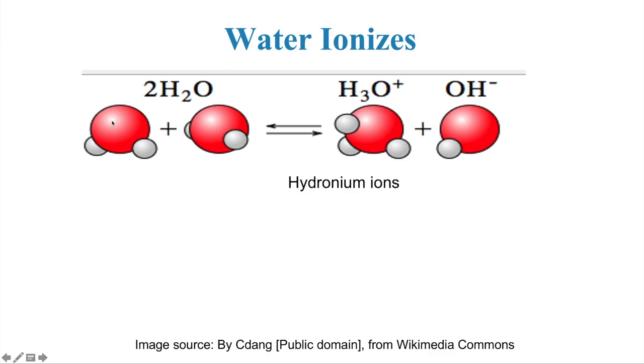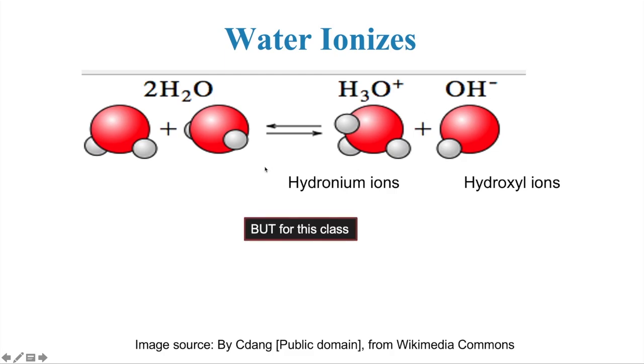And then the other molecule, which has lost that hydrogen ion, leaves its electrons behind and forms a hydroxyl ion. And you notice that this reaction goes in two directions. That means this is a reversible event.